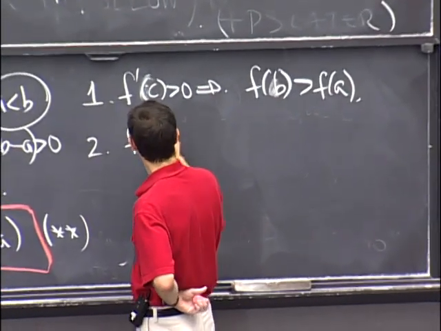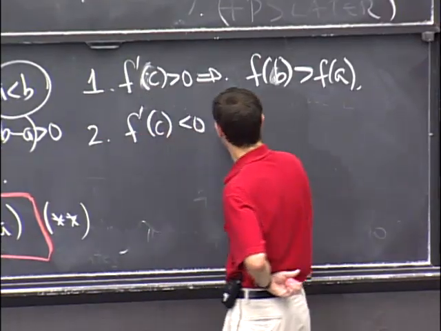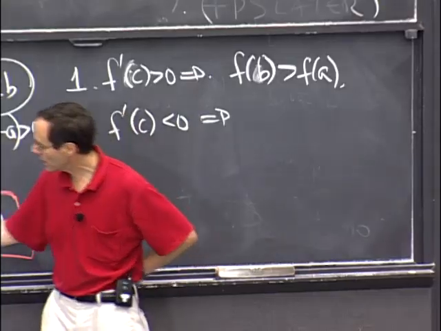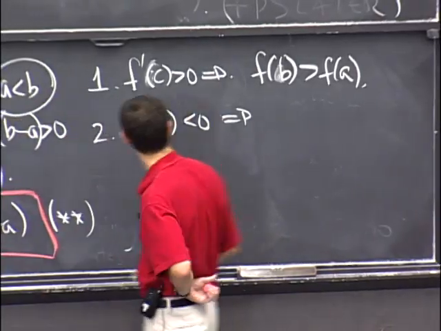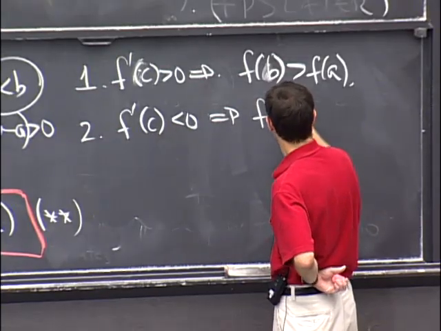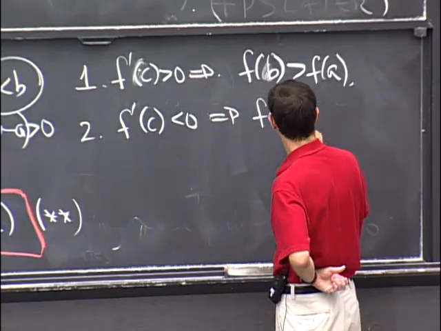Similarly, if f prime of c is negative, then this is a positive times a negative number. This is negative. It's f of b is less than f of a. So it goes the other way. So maybe I'll write it this way.